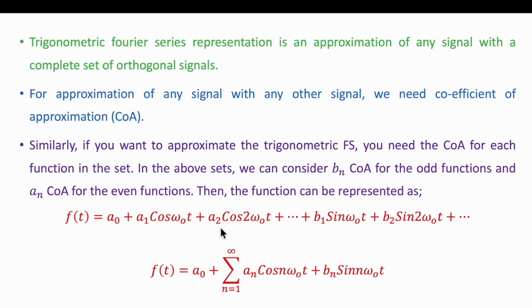To make it simpler, you can write the function in this form: f of t equals A naught, which is a DC component, plus the sum where n varies from 1 to infinity, because for 0 it is a DC component, of An cos n omega naught t plus Bn sine n omega naught t, where An is the coefficient of approximation for the even function and Bn is the coefficient of approximation for the odd function.